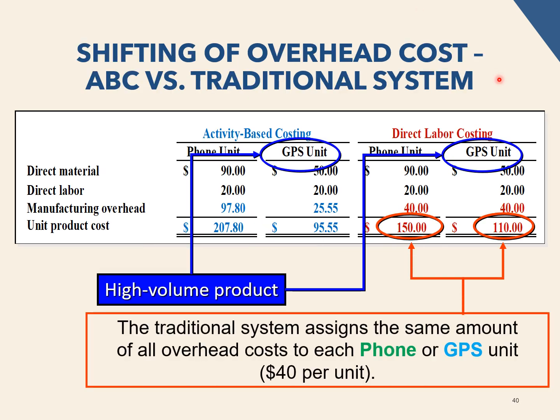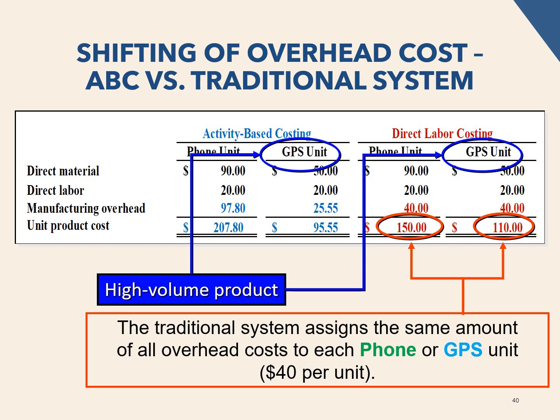Let's see another example for the cost shifting of overhead cost. The traditional system assigns the same amount of all overhead costs to each phone or GPS unit. You can see here 40, 40 for both different products. This practice is not reasonable because each product consumes different resources provided by different activities.